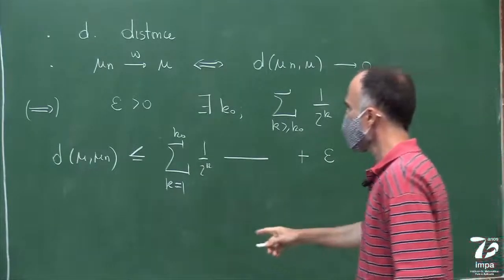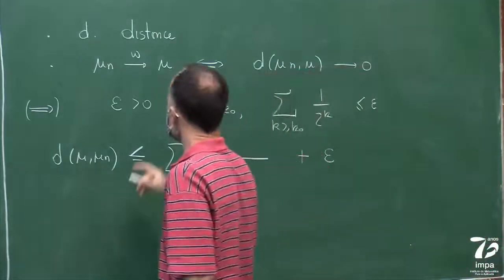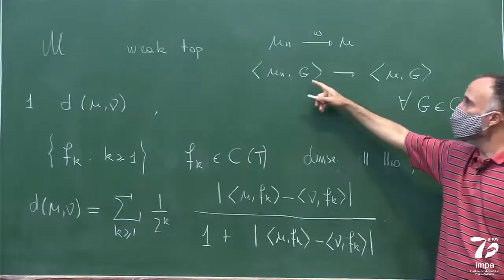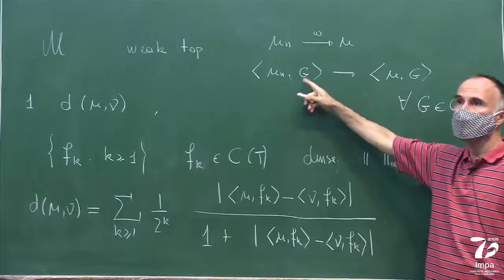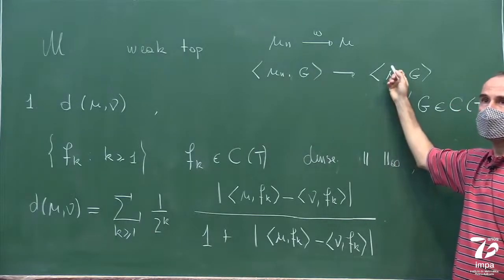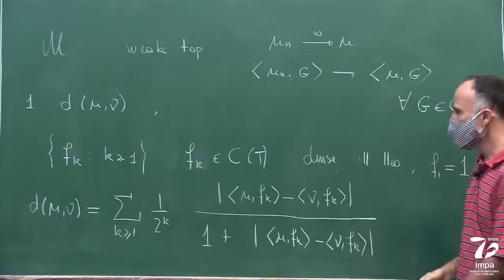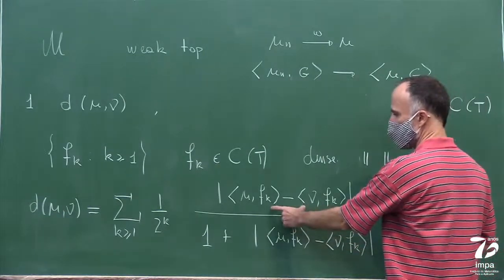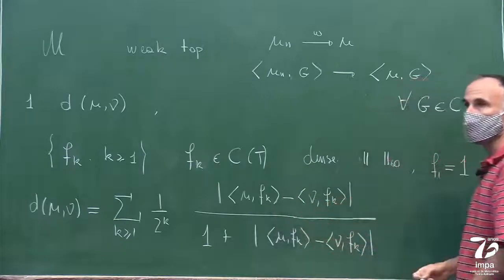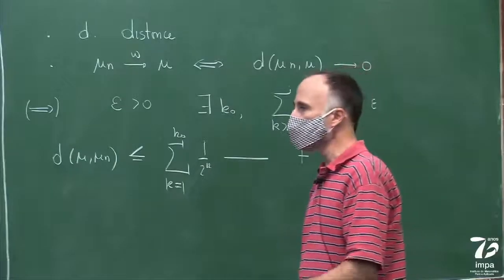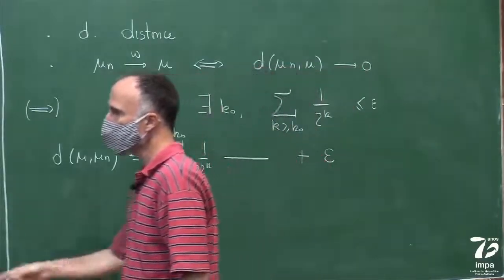Now, I know that mu n is converging to mu weakly, which means that the integral of any continuous function g is converging to the integral of g with respect to mu, right? So this means that this difference is converging to 0 for each fixed k. Okay? So you take k equal to 1.